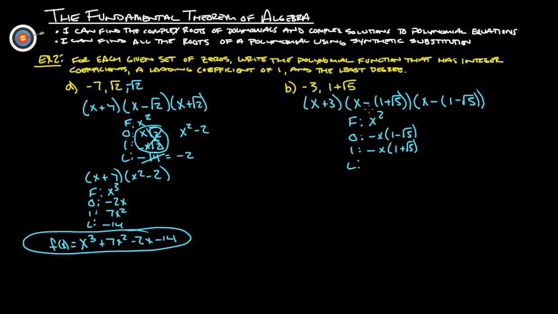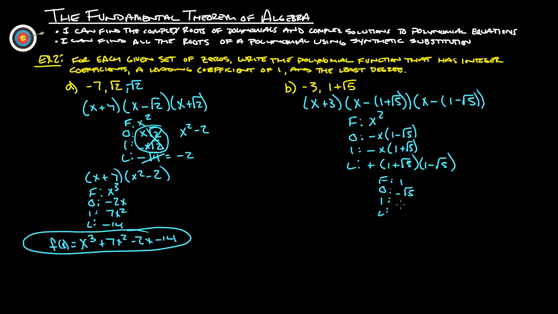And then the end is going to be negative times a negative, which is a positive. And then we've got 1 plus root 5 times 1 minus root 5, which, guess what? We get to do another little quick FOIL on this one as well. You're like, what the heck? Yeah, this one's weird. 1 times 1 is 1. 1 times negative root 5 is negative root 5.